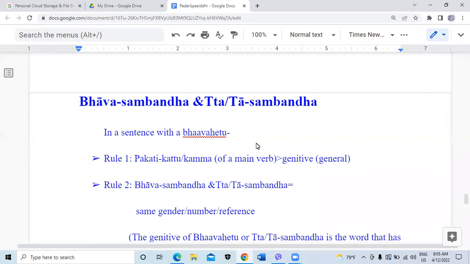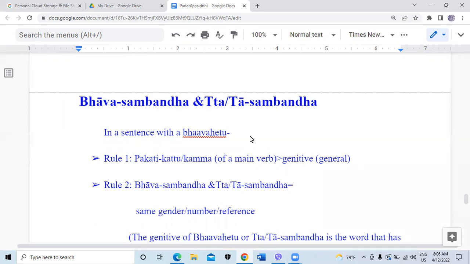Because if we don't know this Bhava Sambandha and Taddhitakaṇḍa Sambandha, sometimes our interpretation, our translation might be wrong. Okay?